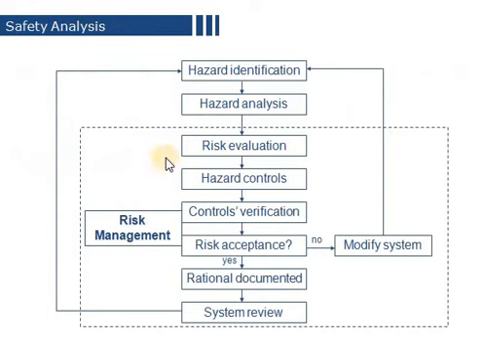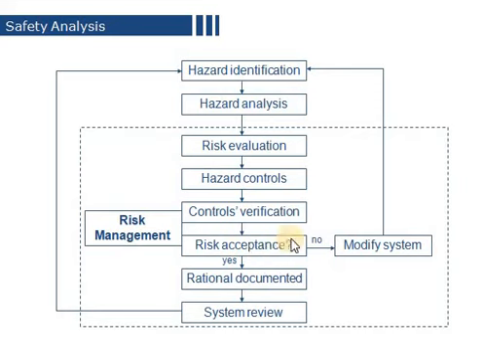So this is the loop that begins with identification, going to analysis, evaluation, controls, then verifying these controls. We do the risk management here and decide. Management would decide: is the risk acceptable? If yes, then we will go for documentation to specify the reasons behind accepting this risk.